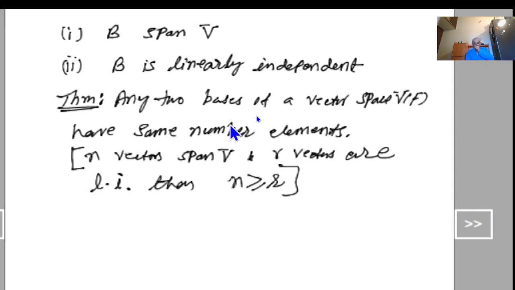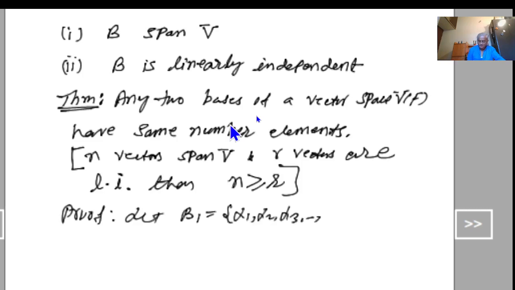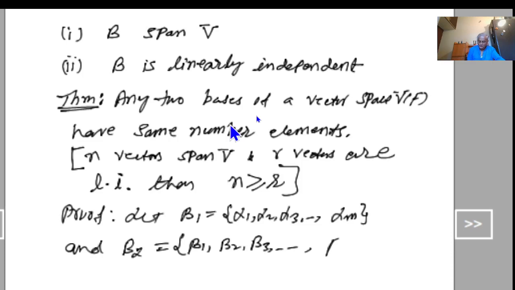So let B1 equal alpha 1, alpha 2, alpha 3, up to alpha m, and B2 equal beta 1, beta 2, beta 3, up to beta n, be two bases of a vector space V over F.